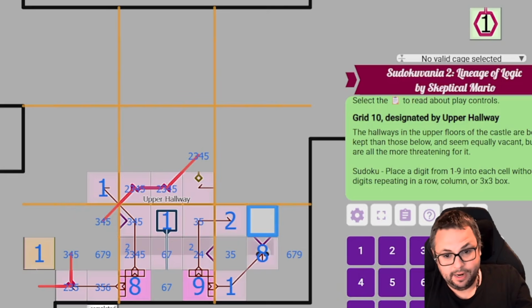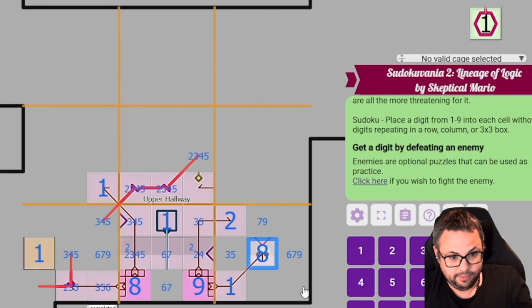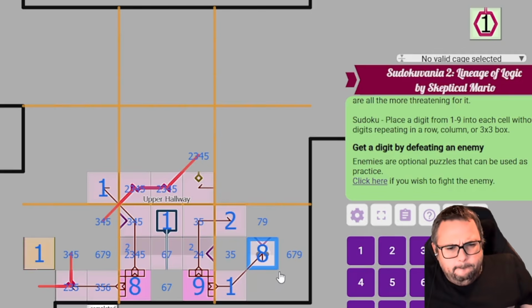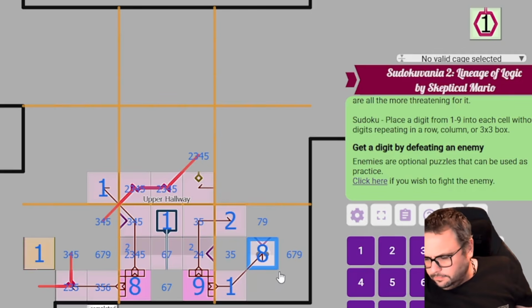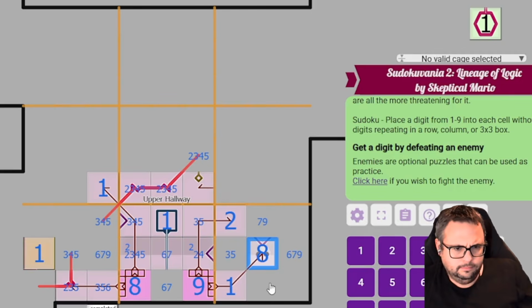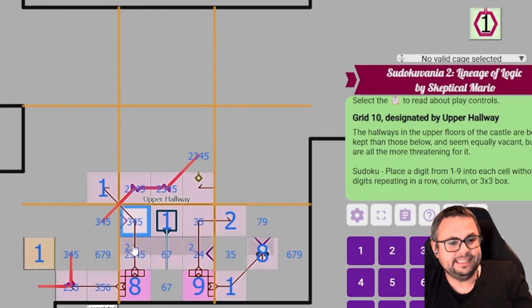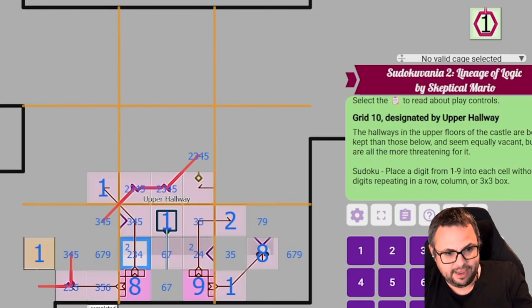This is 7 or 9, of course, by virtue of being on a white dot with an 8. Okay, these two need to add to 8. So this one's never a... Sorry, need to add to 7. So this one's never a 5, actually.